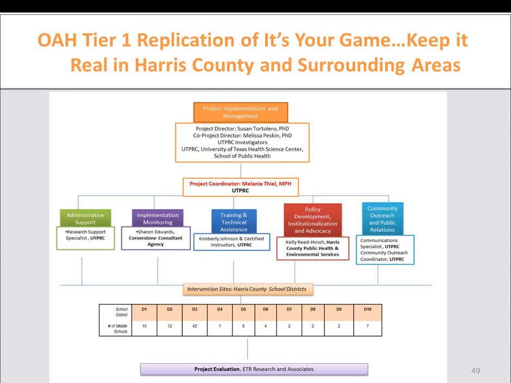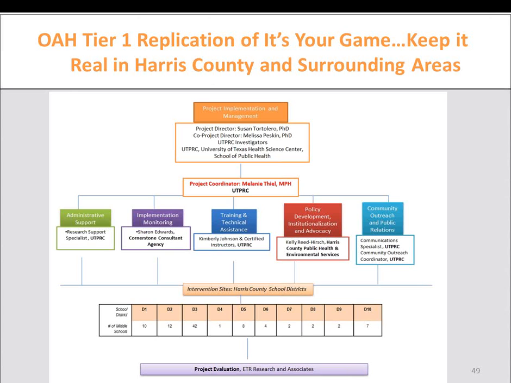We have an excellent project coordinator, Melanie Teal, who oversees 5 different components for the project. The different components that we have are administrative support, implementation monitoring, training and technical assistance, policy development, institutionalization and advocacy, and community outreach and public relations.